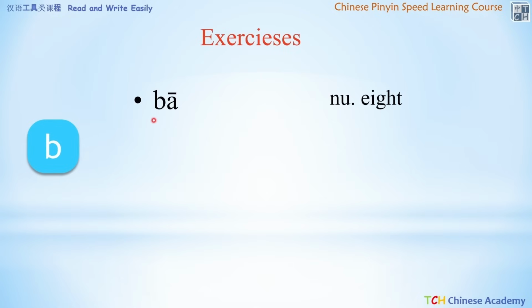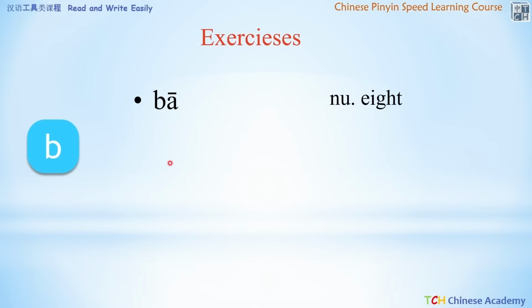So together, bo, a, bā. And this tone, the first tone, is flat. Try to make sure you keep it flat from the beginning to the end. And also, the tongue position just remains the same. Bo, a, bā.